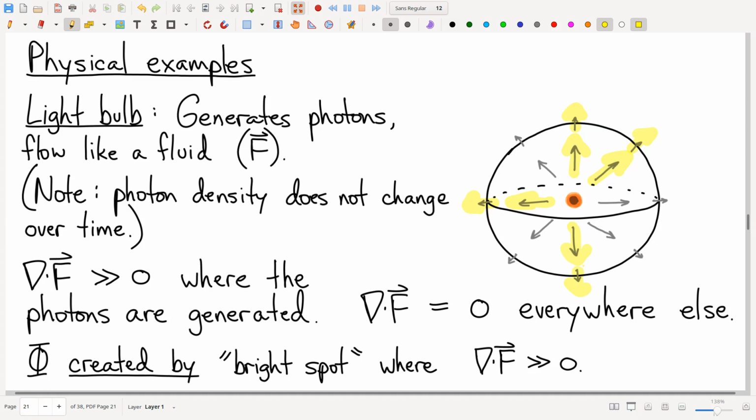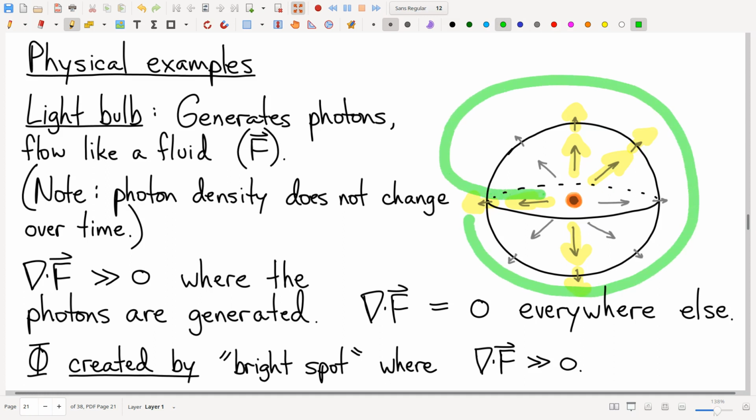So there's our field. And now we could write down formulas and do a bunch of algebra, but I don't think that's a good investment of time, although it's a healthy exercise for everybody to do on their own at some point. What you would find, though, is that everywhere except where the bulb is, the divergence is 0.